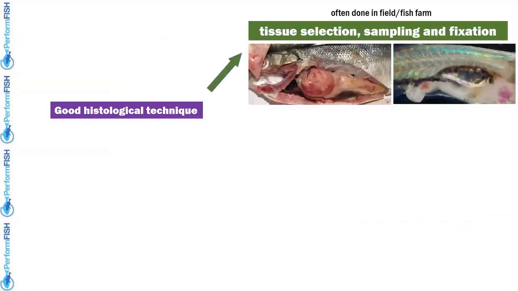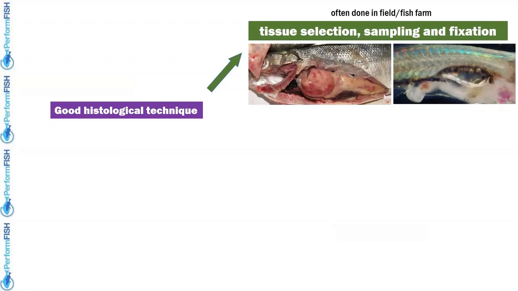And so a good histological technique involves, therefore, several steps, some of which, such as tissue selection, sampling, and fixation, are often done in the field by vets or farm technicians.